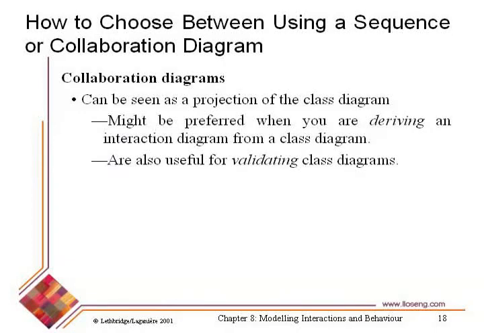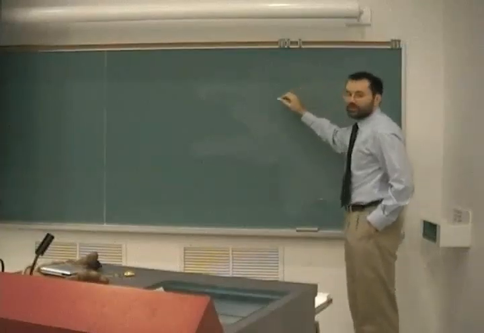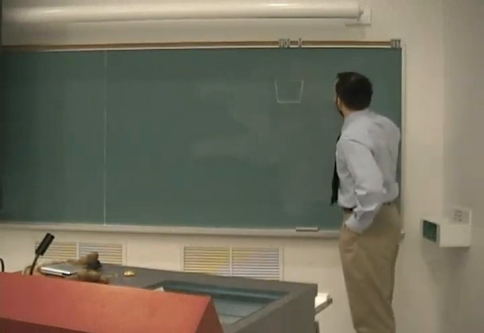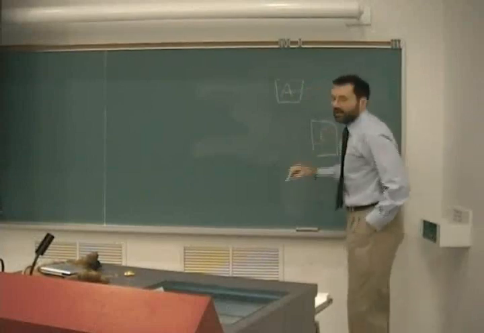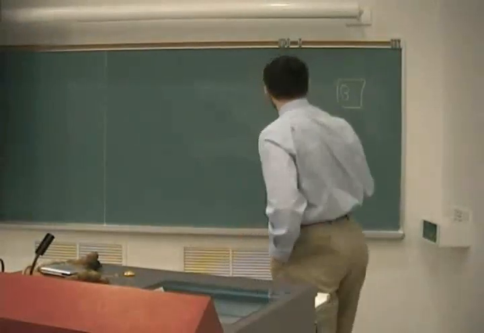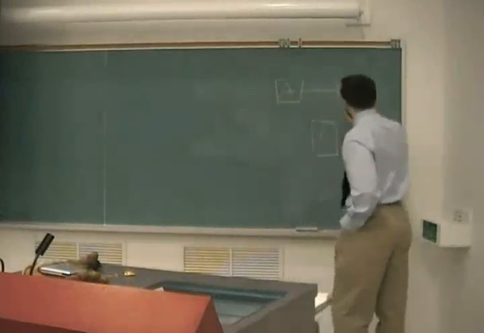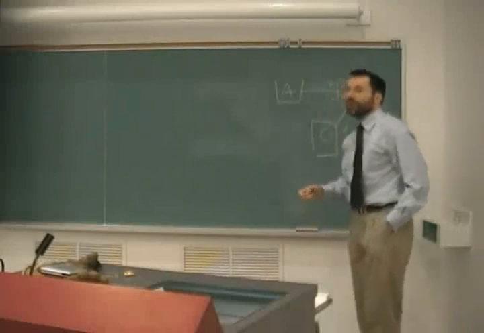So for example, say I have A, B, and C, and this is my class diagram. I have an association here, and an association there. Now I want to work out a sequence diagram from this.